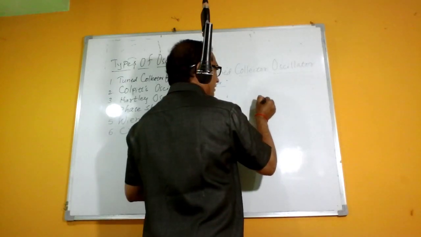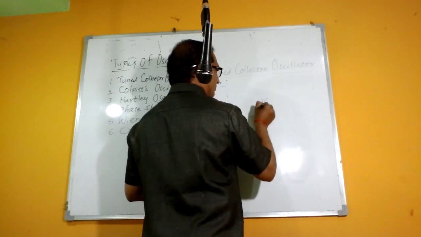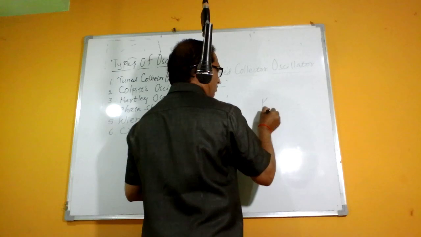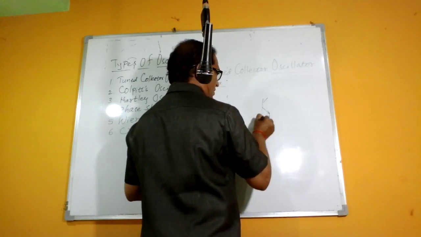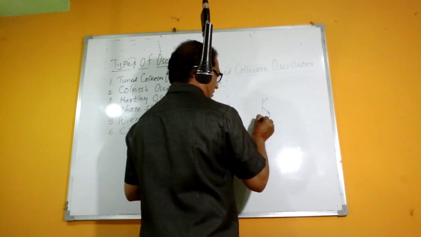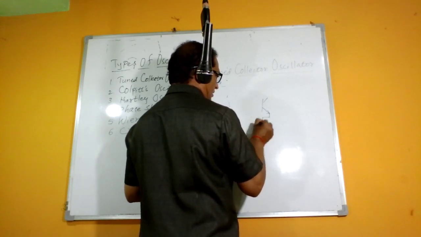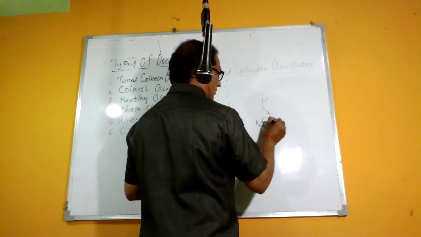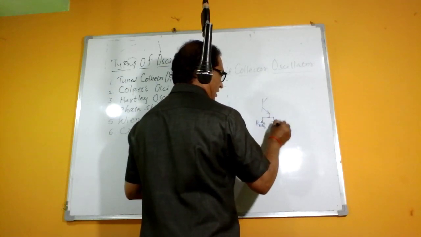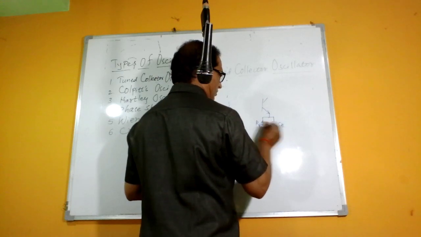So here we have an NPN transistor. This is the RE across the emitter and CE across the emitter.